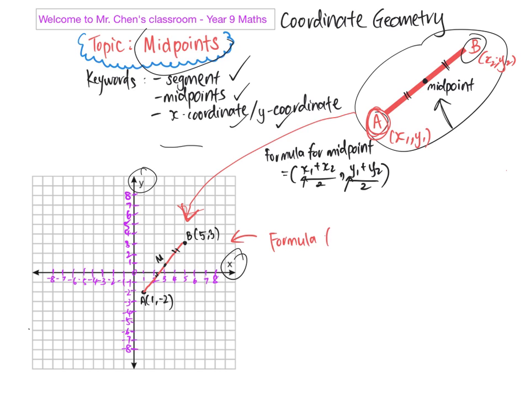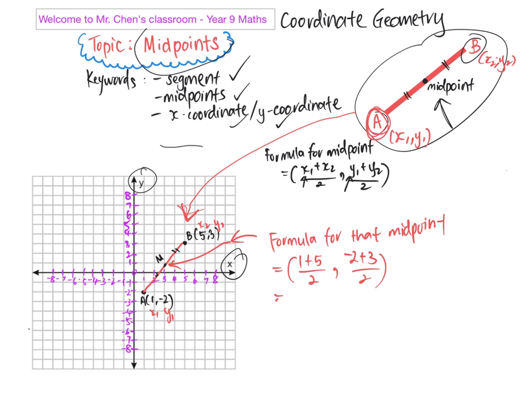Using the formula for midpoint, x1 is here, x2 is here, y1 is here, y2 is there. So x1 is 1 and x2 is 5, divided by 2, and then comma, y1 is -2 plus 3, divided by 2.